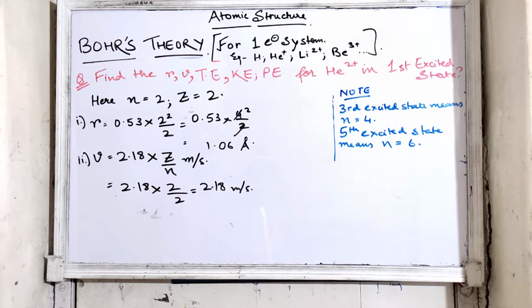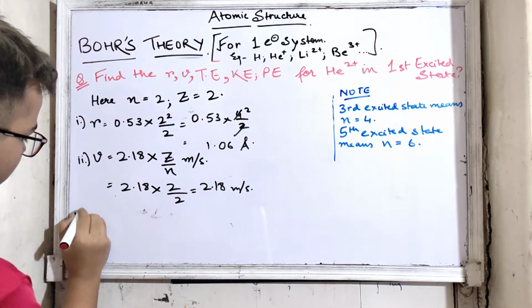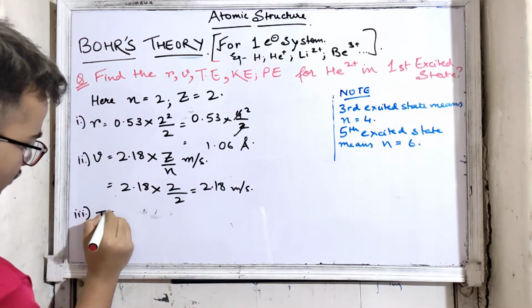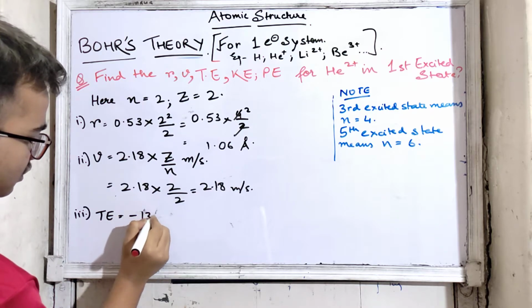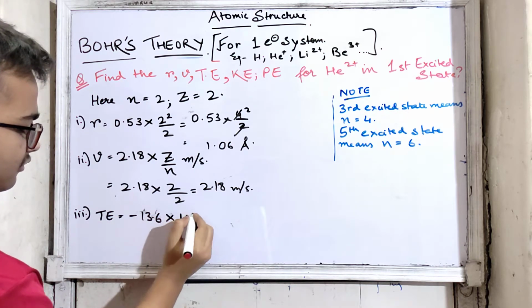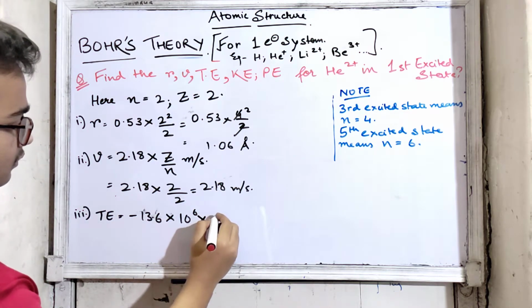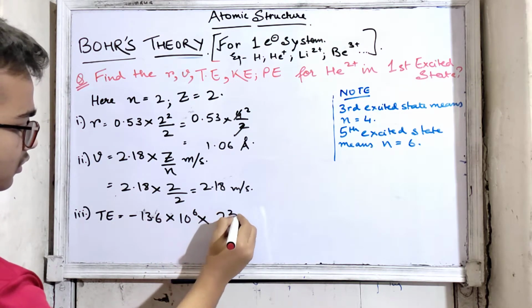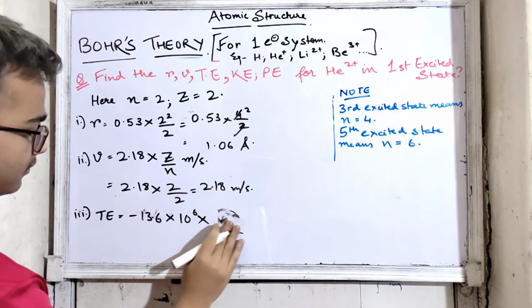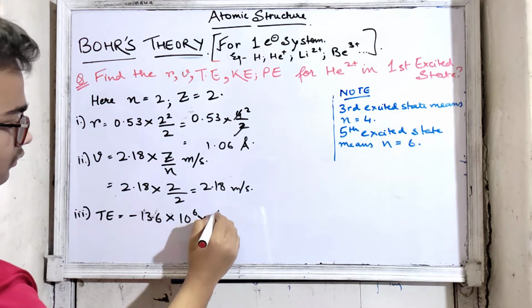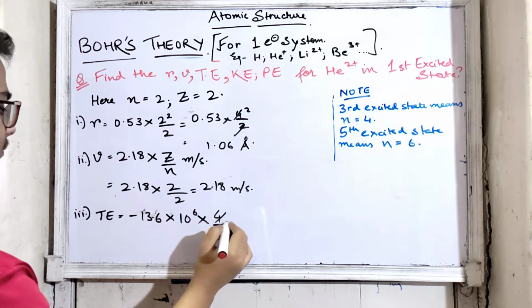Okay. Next we will find out the total energy. Total energy, number 3. T was equal to minus 13.6 into 10 to the power 6 into Z square upon n square. So it will be 2 square upon 2 square, so I am writing it 4 upon 4. So it comes equal to 1.